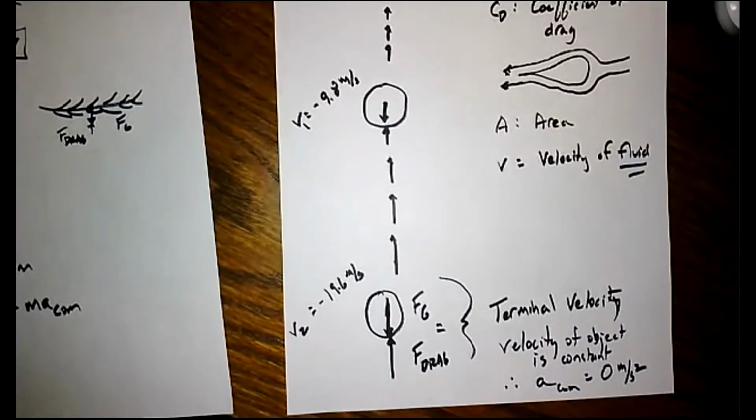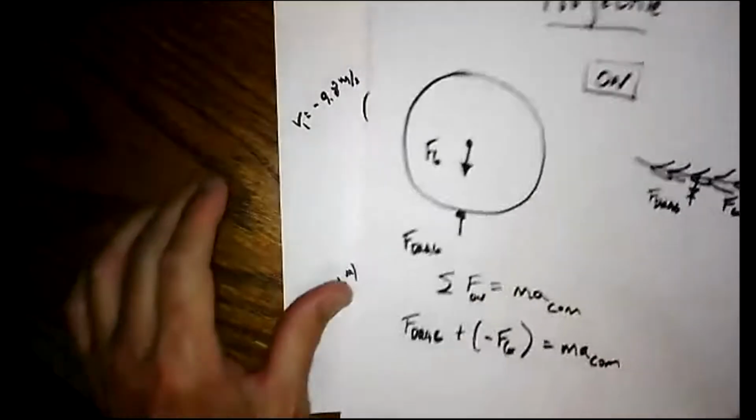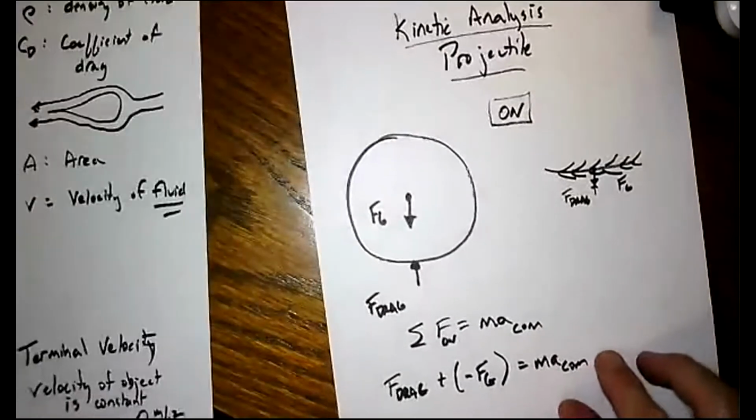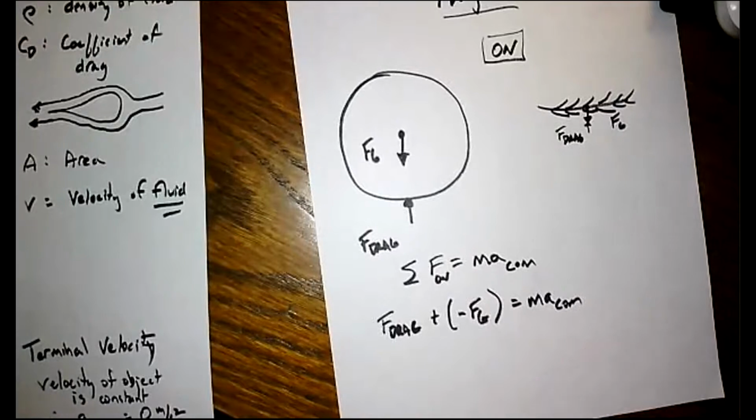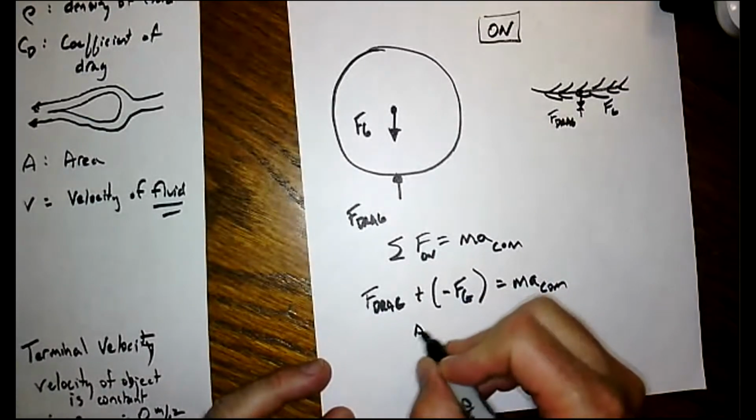Velocity is constant. All right, let's keep this in mind because this is a good concept to know here. So let's go back to our previous page of notes and look at this. Let's now do the case at terminal velocity.